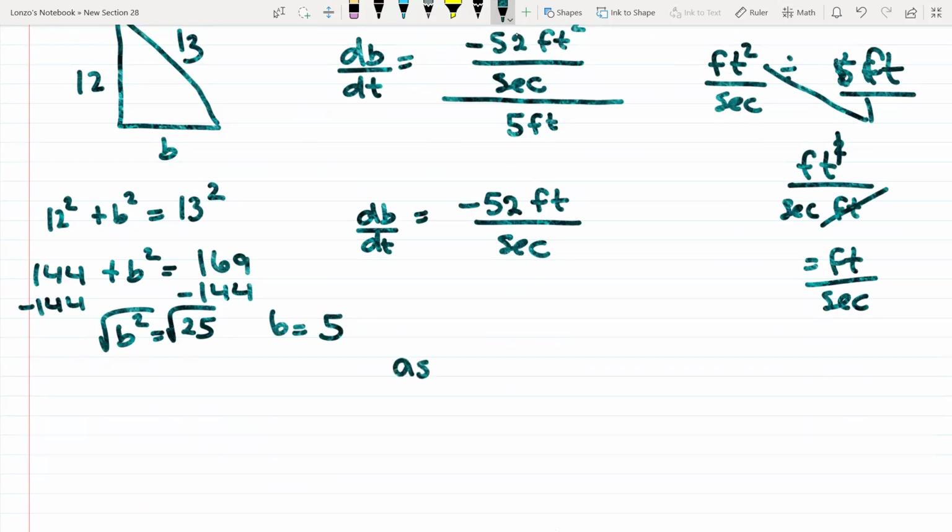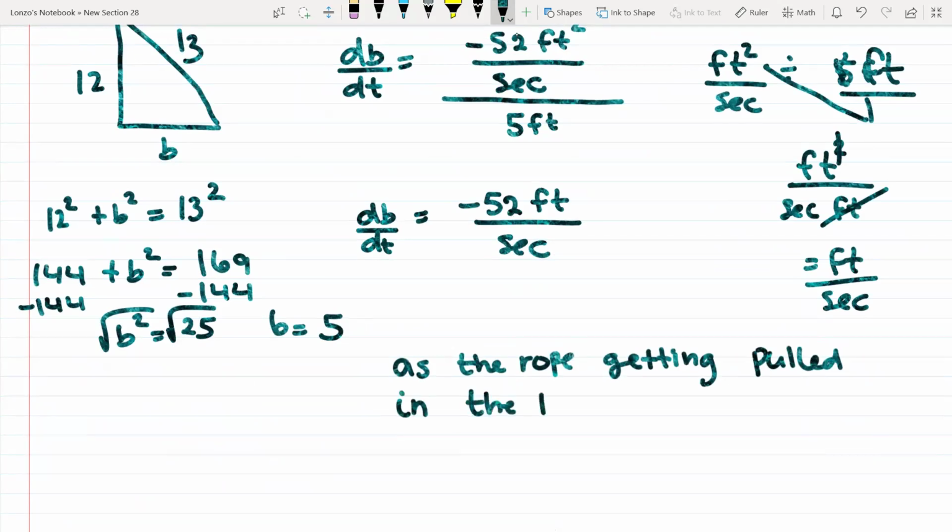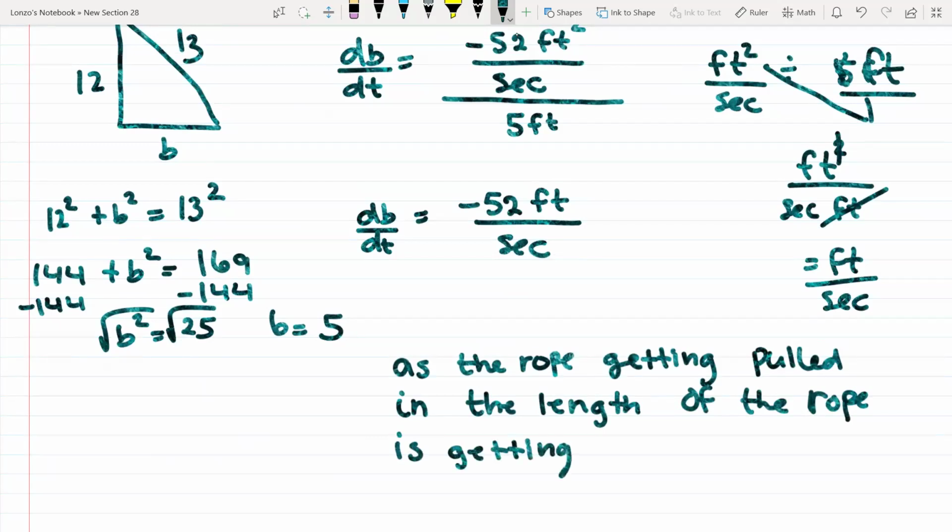Let me write this down. As the rope is getting pulled in, the length of the rope is getting smaller, and thus the speed slows down.